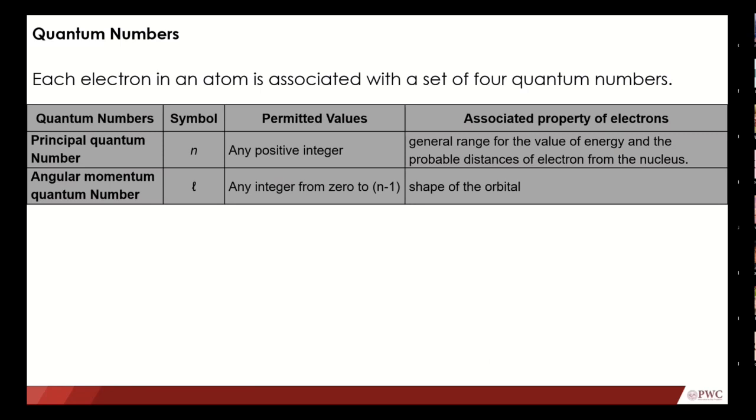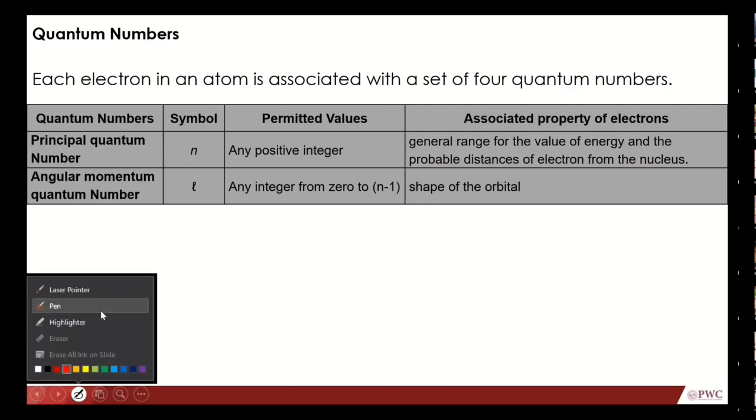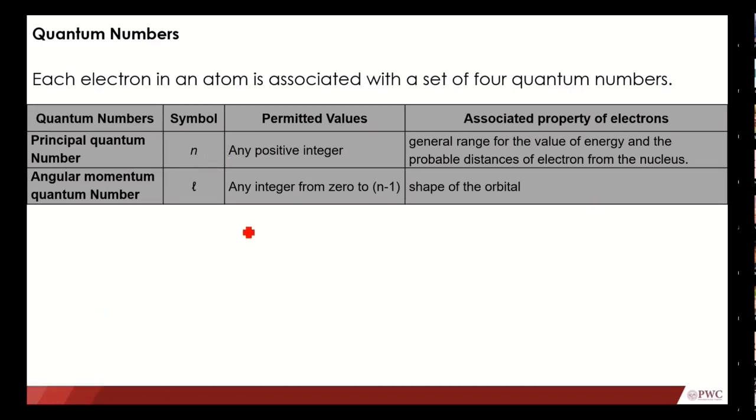The next quantum number is the angular momentum quantum number. It's symbolized as l. Its value depends on the value of n. So its allowed value is any integer from 0 to n minus 1. It describes the shape of the orbitals. So for example, for the first energy level, the n is equal to 1.